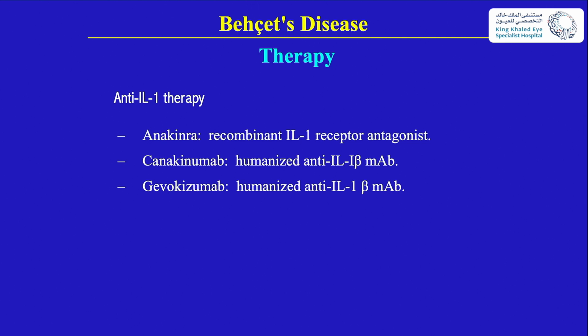Infliximab targets tumor necrosis factor alpha. Tocilizumab targets interleukin-6. Rituximab targets B lymphocytes. You need to have this molecule operating. If it is not existing in the eye, using gevokizumab as an anti-interleukin-1 will be useless. Do you agree with this?